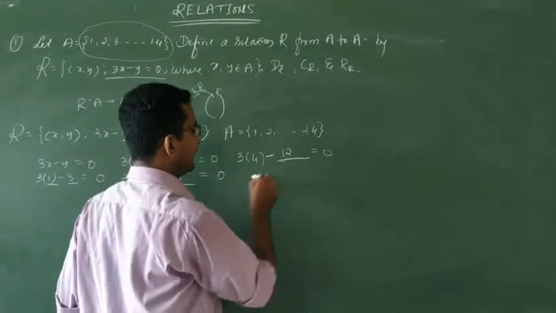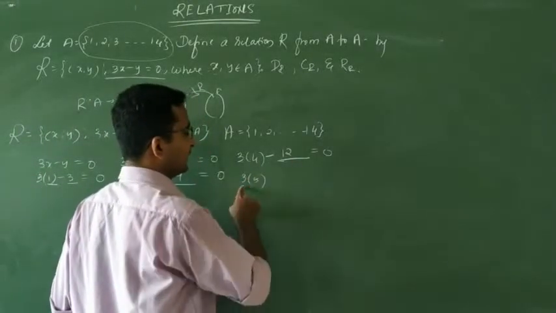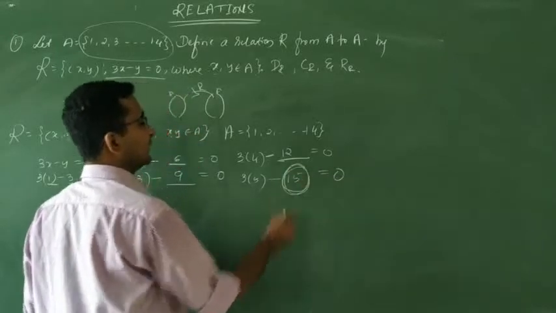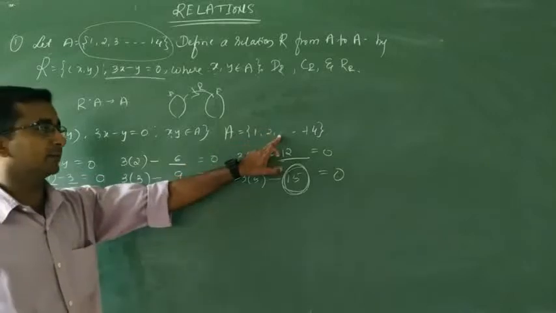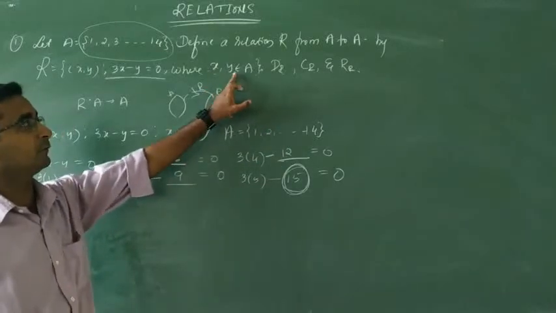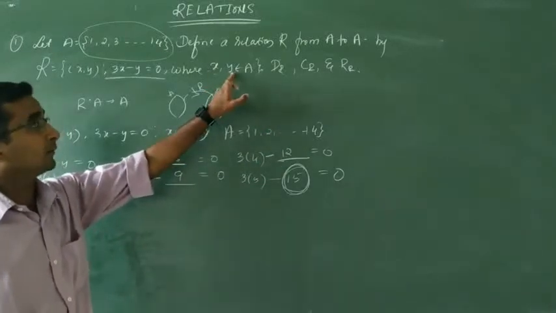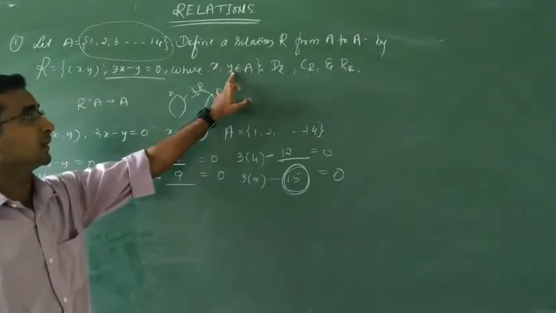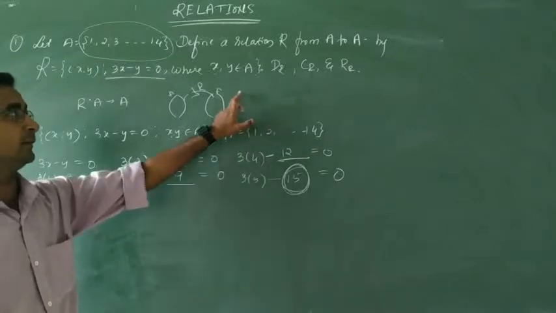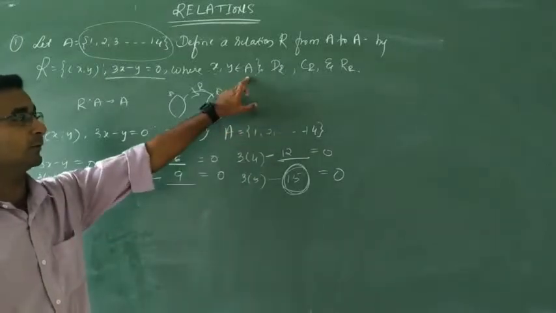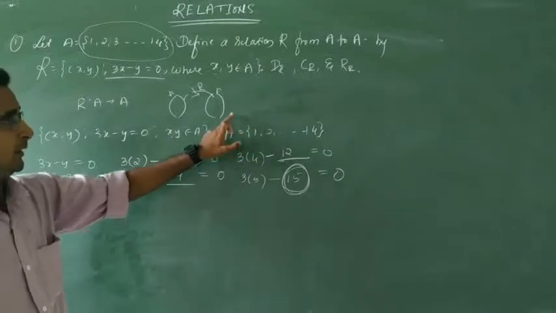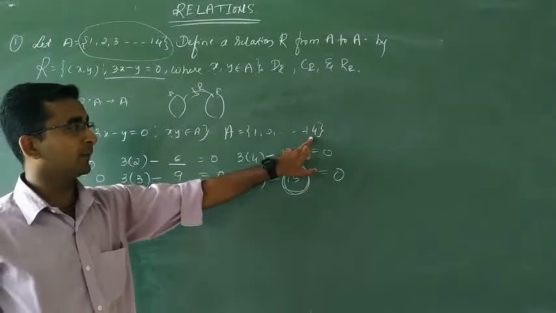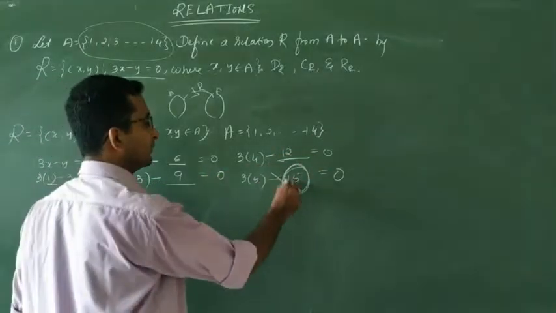When I take x as 5, 3 into 5 is 15. Is this 15 present in this set? Because what they have given is that x and y should belong to A. We have to take each and every element of set A. Here y is 15; is this element present in this set? No. So it is not possible to take.